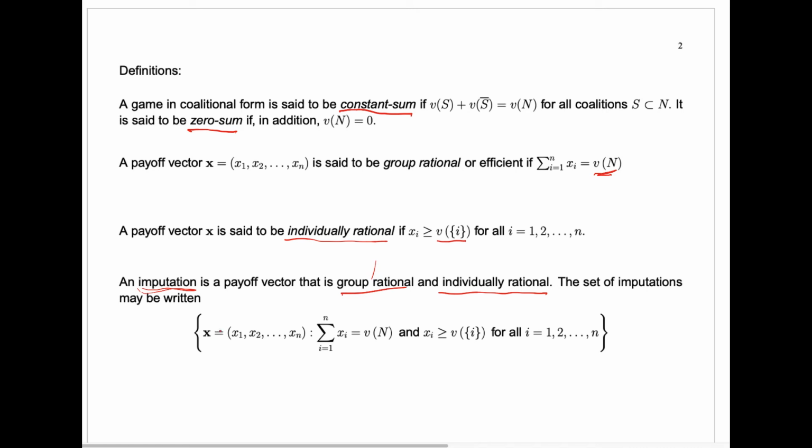So the set of imputations is the set of all possible payouts which are group rational. They get the highest possible total that the grand coalition can achieve, and each player gets at least his individual worth, meaning the value of the singleton set with just that one player.